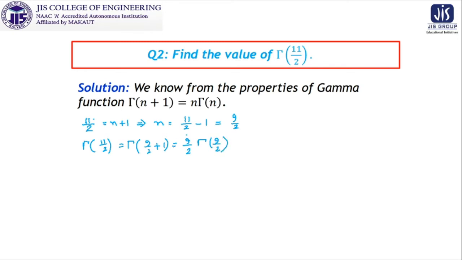If this step is clear, then the remaining part is the same as the previous one, because keeping 9 by 2 the same, we can now write gamma of 7 by 2 plus 1, because 7 by 2 plus 1 is 9 by 2. So again we can write it as 9 by 2, then 7 by 2, gamma 7 by 2.